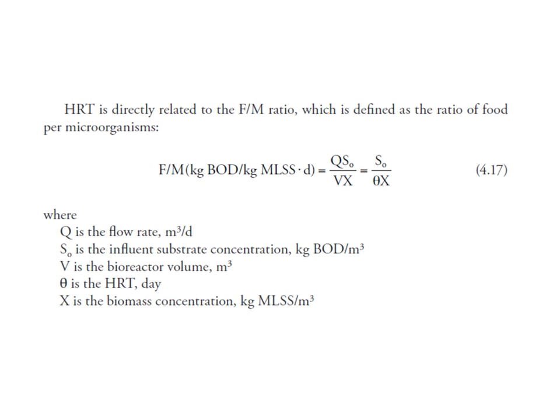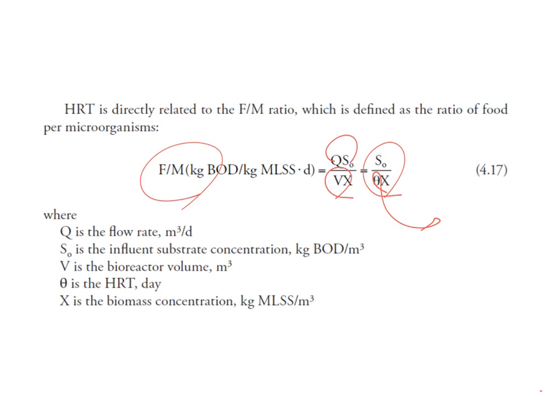And the HRT influences the F/M ratio. The F/M ratio is the ratio between the total amount of substrate in the influent and the total amount of microorganisms in the reactor, and that can be obtained by having the HRT here.